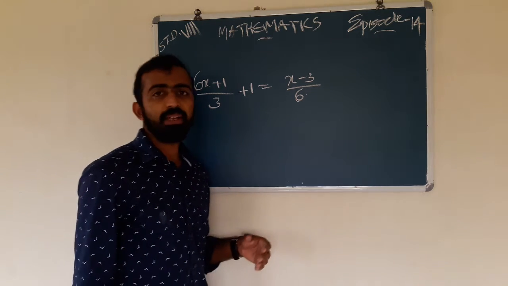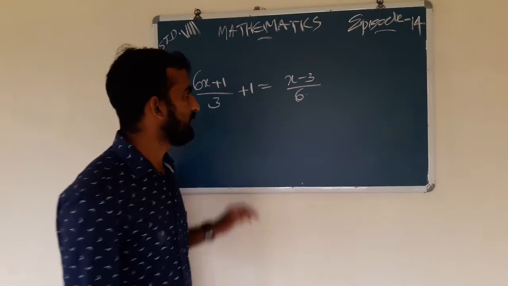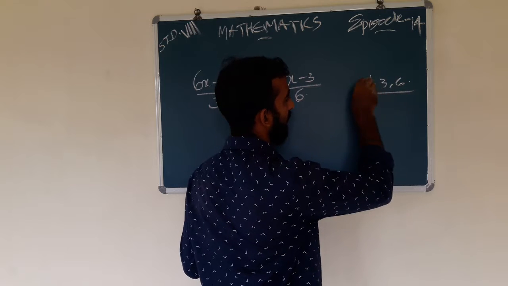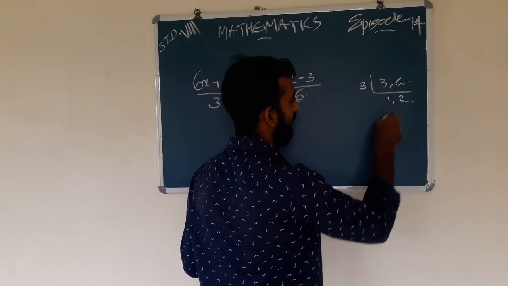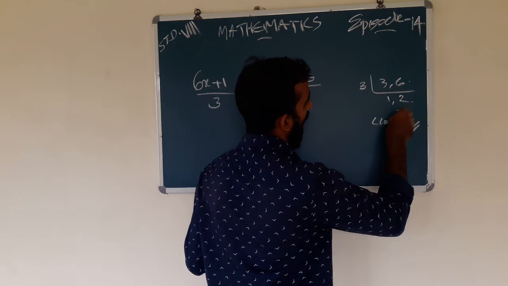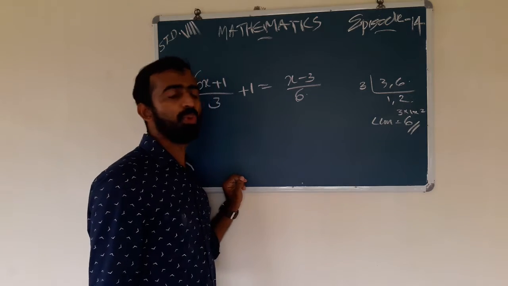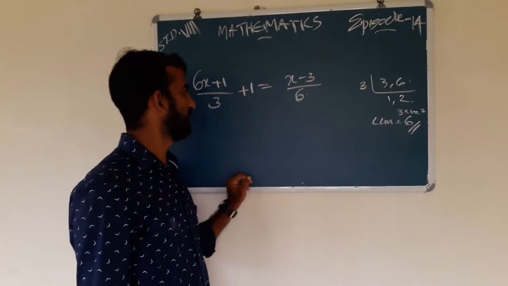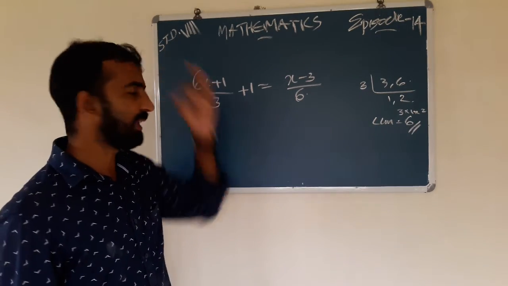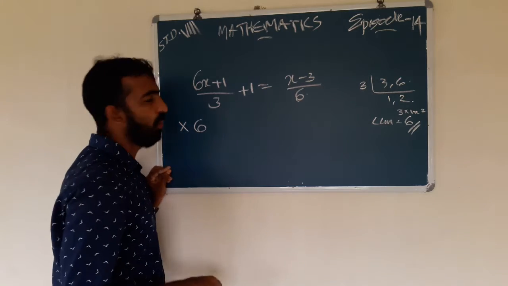Here, for solving, we take the LCM of the denominators. Three, one and six, we get the LCM as 6. So we multiply by the LCM, that is, we multiply by 6 on both sides.